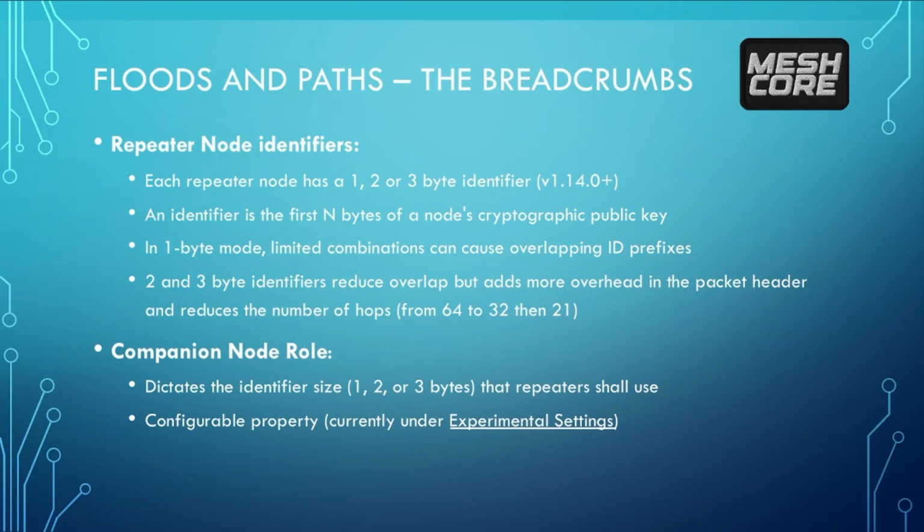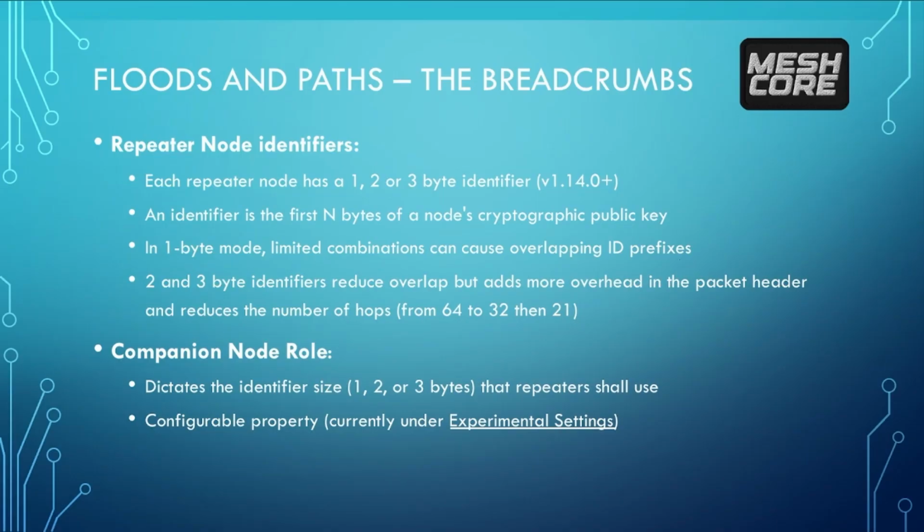When a repeater gets a message, gets a packet to forward, the repeater has an identification, and that identification is added to the message packet header.